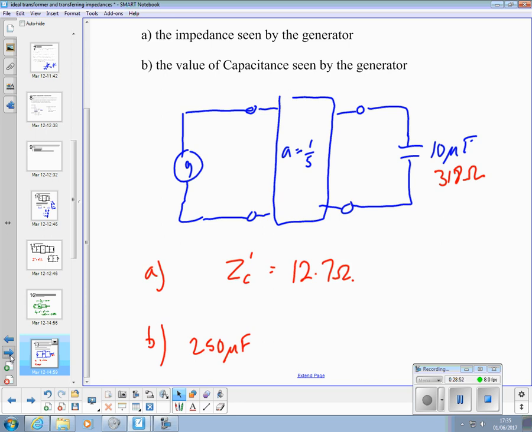Anyone think what the disadvantage of that is? Yes, you've made the capacitance bigger, but what's the disadvantage there? Think about the turns ratio and whether I step up or step down.